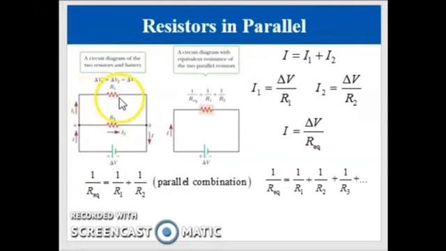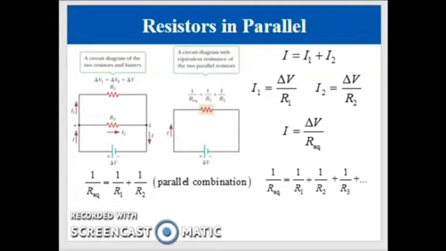I1 is flowing through R1, while I2 is flowing through R2. If R1 is greater than R2, then I1 is less than I2. In general, more charge travels through the path with less resistance.